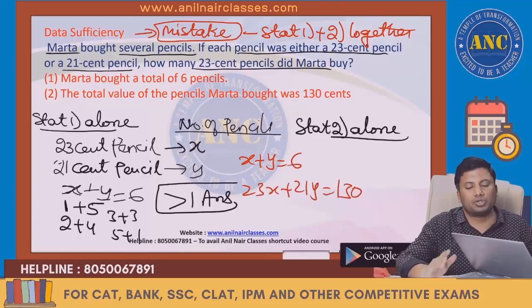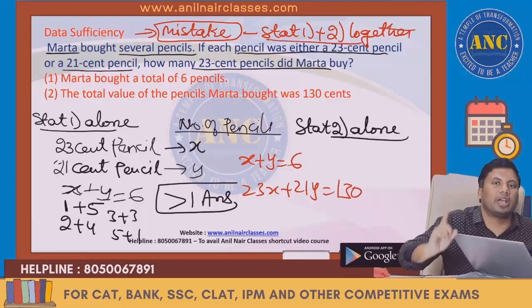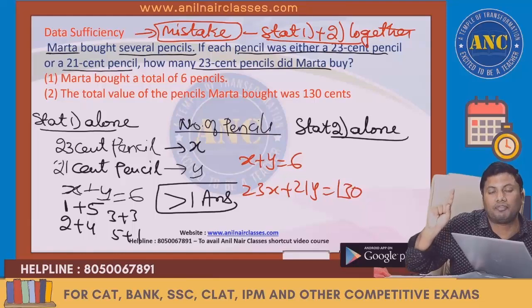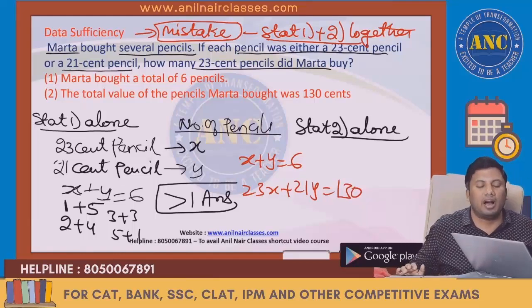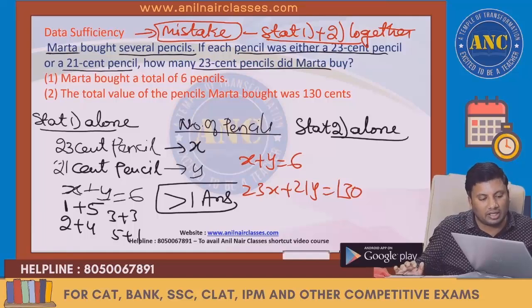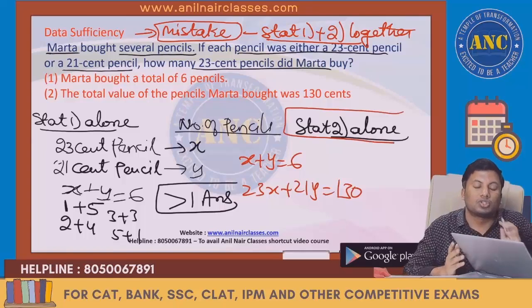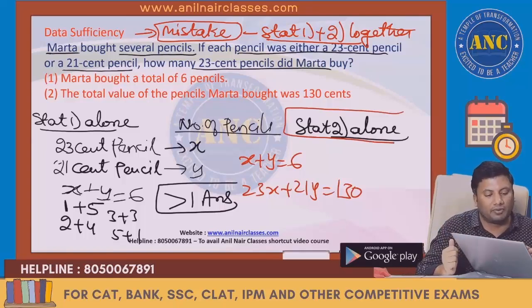You can combine both the statements together only after doing each statement individually. I did not do statement 2 alone, so I don't know whether statement 1 and 2 together will give you the answer.